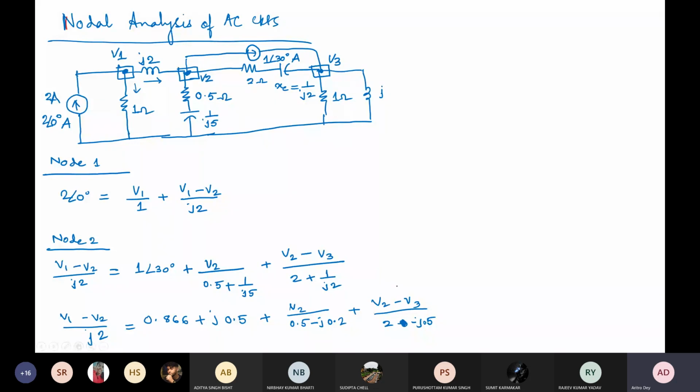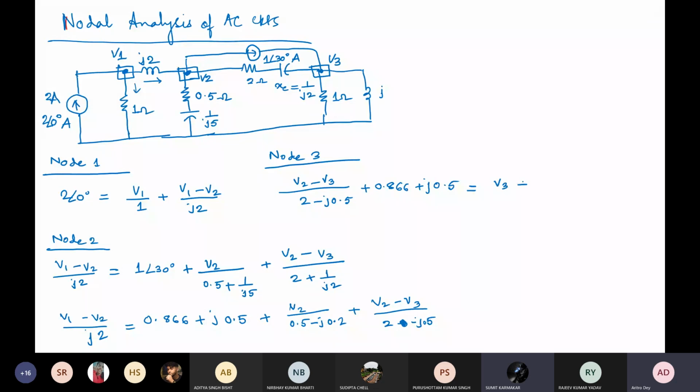So next is the final one, node 3. Here what are incoming? V2 minus V3. So we can write V2 minus V3 divided by 2 minus j0.5 plus 1 angle 30, which is 0.866 plus j0.5, is equal to, these two are incoming, and outgoing is V3 by 1.